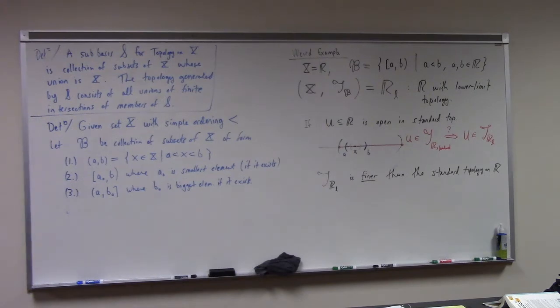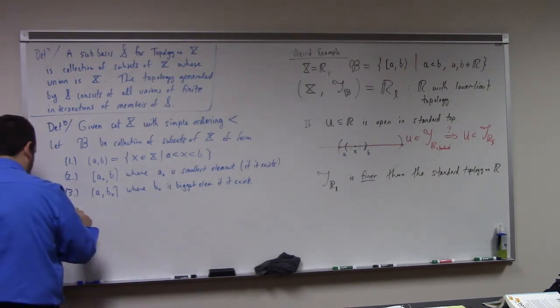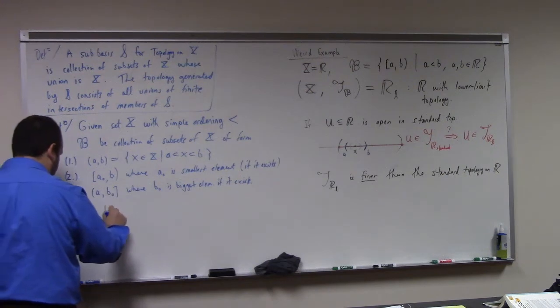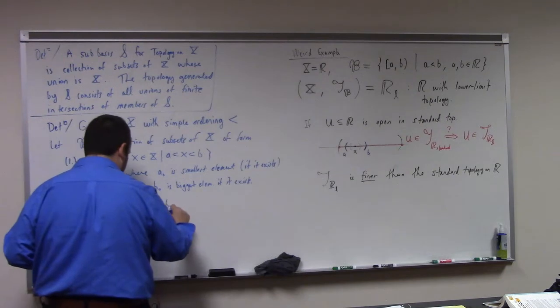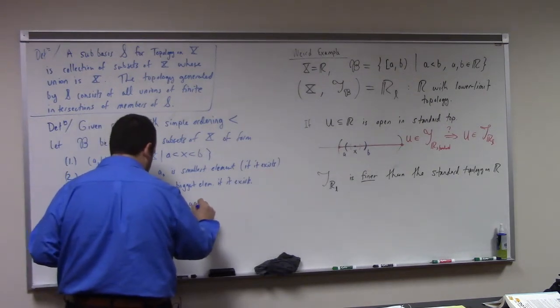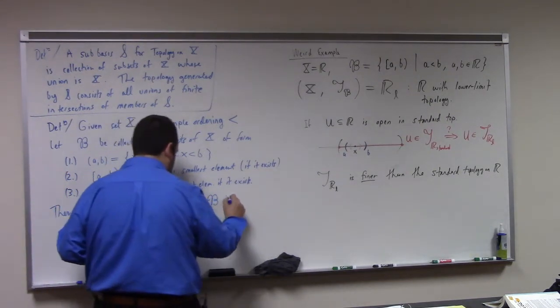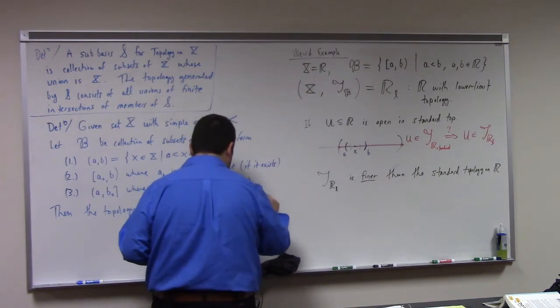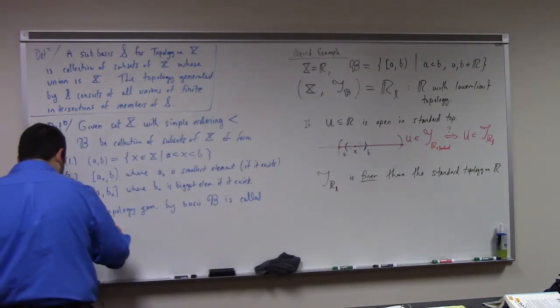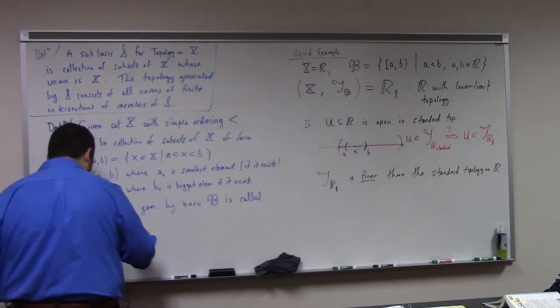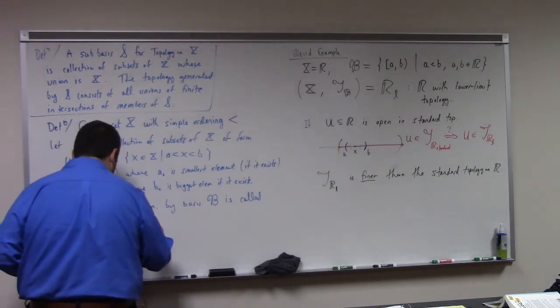Then, guess what? B is a basis that generates the order topology. Or let's say this: the topology generated by basis B is called the order topology for X.